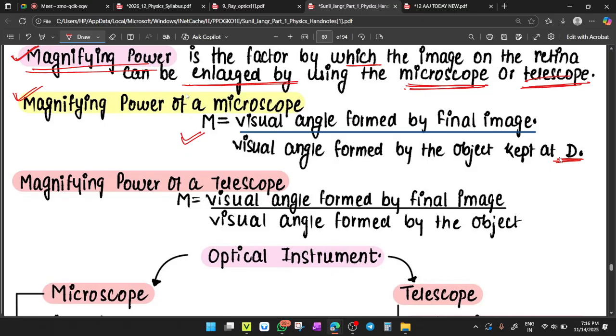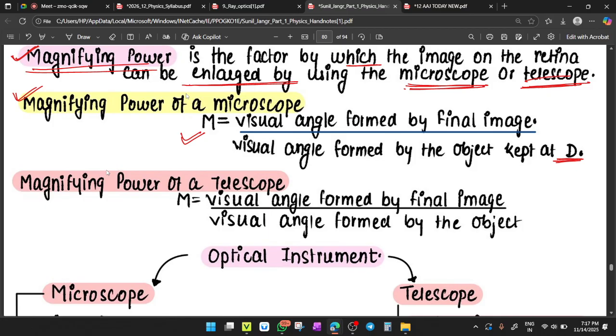First, the object should be very clear for your eye. So for the microscope, in the first situation, your visual angle will be taken when the object is at the least distance of distinct vision. So write this formula very clearly. Magnifying power of a microscope, capital M, equals the visual angle formed by the final image upon the visual angle formed by the object kept at D. Clear?